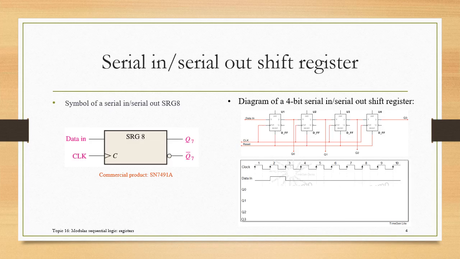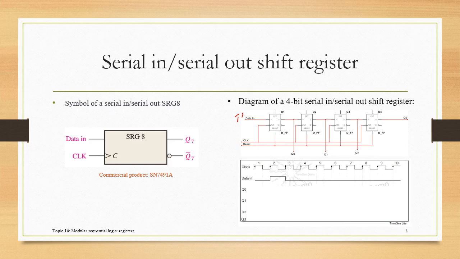Let's look at the timing diagram of this circuit using what we have learned about D flip-flops. Suppose at a certain moment I have a data 1 to be input to this shift register. At this moment it changes to 1, this data lasts for 1 clock cycle, and then it goes back to 0.